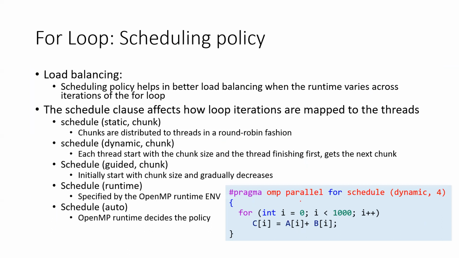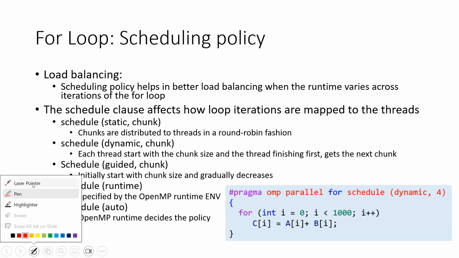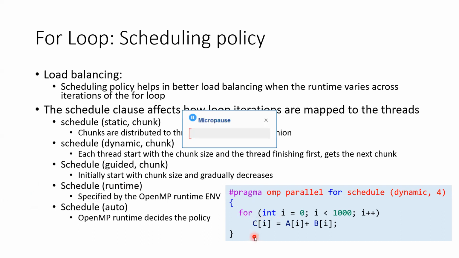Now the very important thing to discuss in parallel for, as someone also said, is which iterations are executed by which thread. That is controlled by the scheduling policy of OpenMP, and it is mainly required for load balancing. Suppose you have the same loop where you are just adding, then every thread will more or less spend the same amount of time.